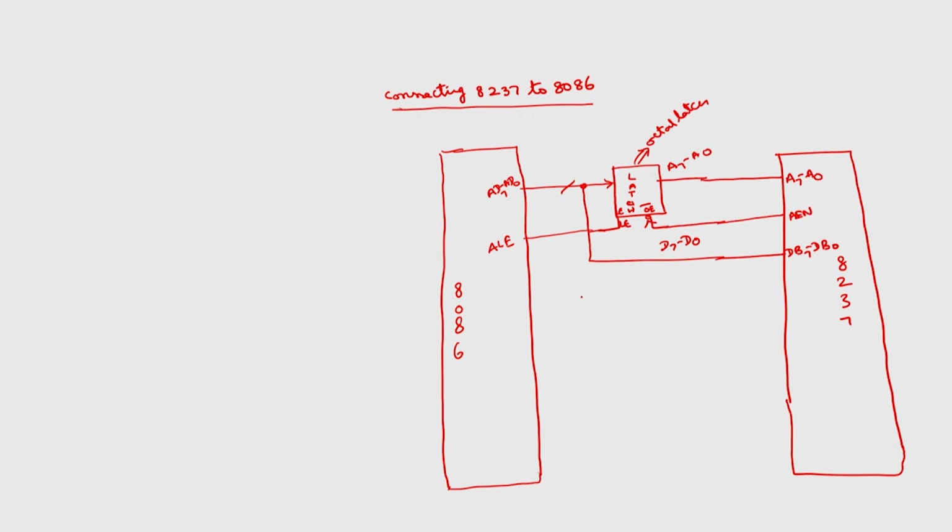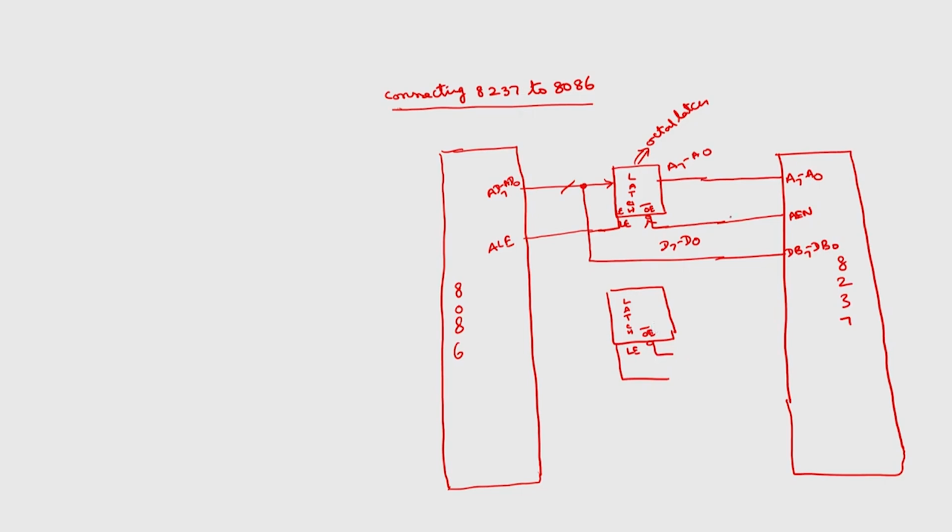Now coming for the higher order 8 bits, there will be another latch. So this also will be having latch enable, and output enable. Output enable is normally active low signal.